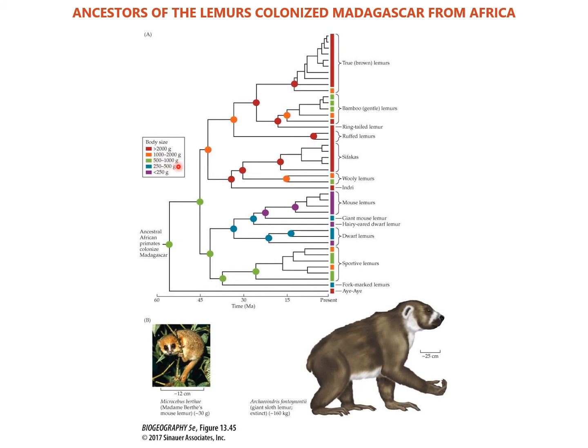So an intermediate body size was the ancestor, but once it showed up on the island, it diversified quite a bit and expanded in size. Most of these clades got much, much bigger than the original ancestor. Some of them were a little bit smaller, but most of them got bigger.